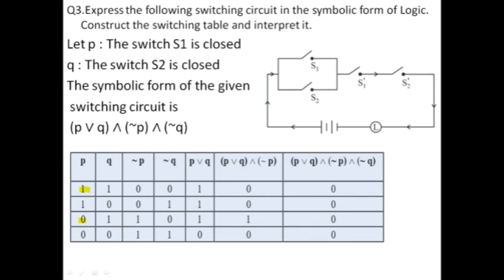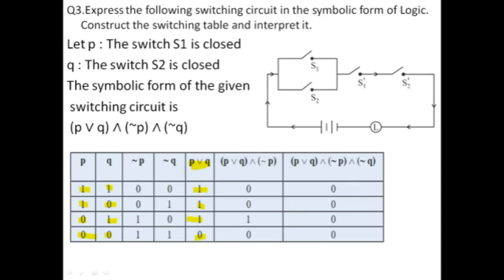Let's solve P or Q. 1 and 1 becomes 1, that is true and true becomes true. 1 and 0 becomes 1. 0 and 1 becomes 1. Here 0 and 0 becomes 0, that is false and false becomes false.